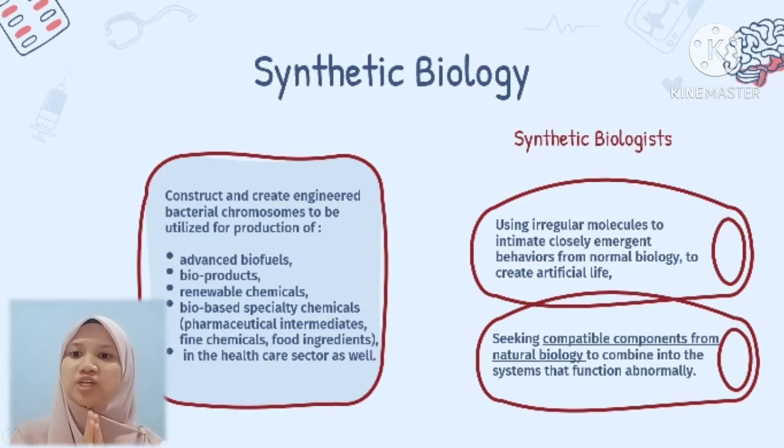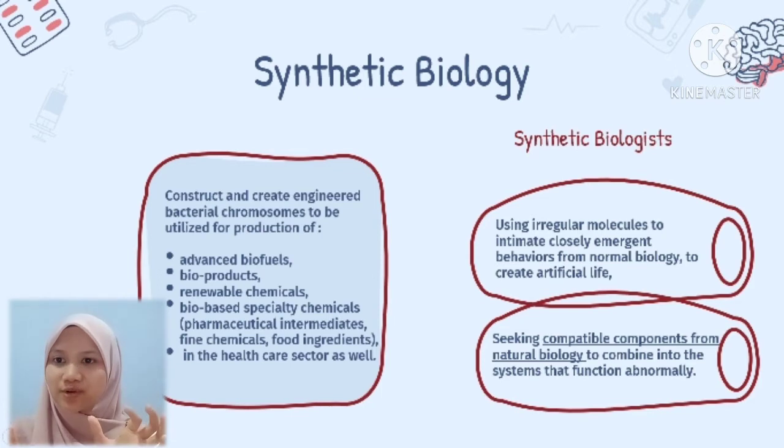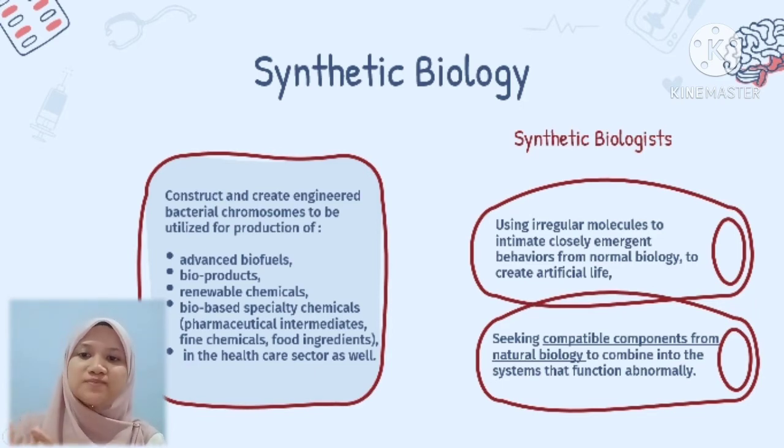Due to the increase in efficiency and decrease in cost of DNA production, scientists can construct engineered bacterial chromosomes to be utilized for production of advanced biofuels, bio-based renewable chemicals, and bio-based specialty chemicals, for example, pharmaceutical intermediates, fine chemicals, food ingredients, and in the healthcare sector as well.